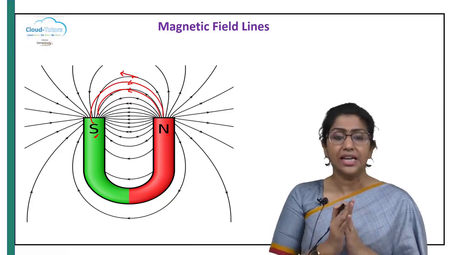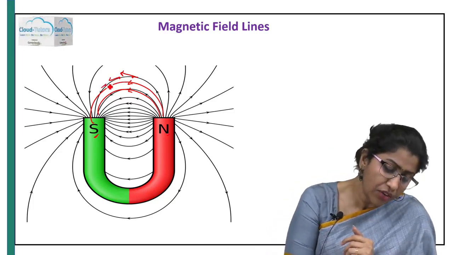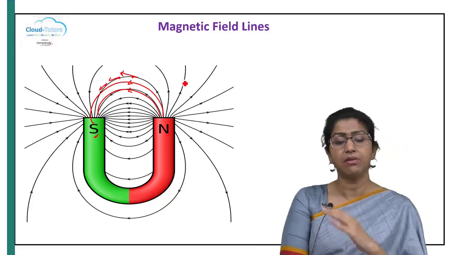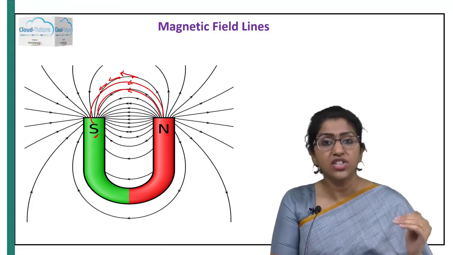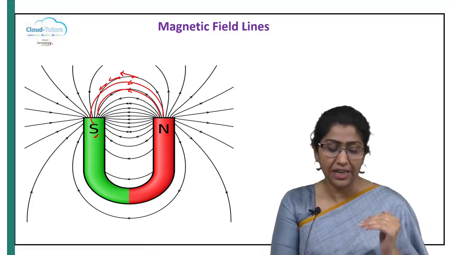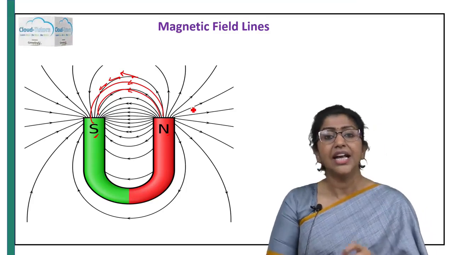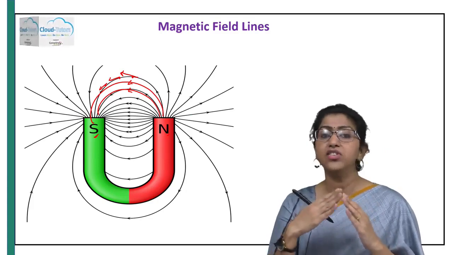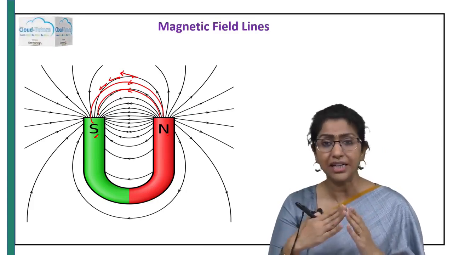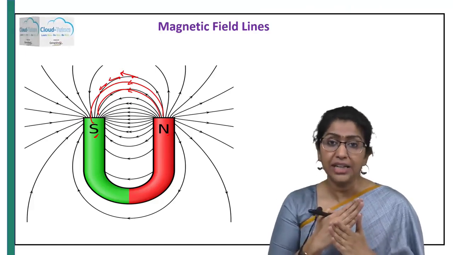So if that is the case, at every point I'll have to go on drawing a tangent, and by that we get the direction change in the magnetic field line, correct? So if this is the direction of the magnetic field line at every given point, geometrically there is no possibility that two magnetic field lines can intersect with each other.